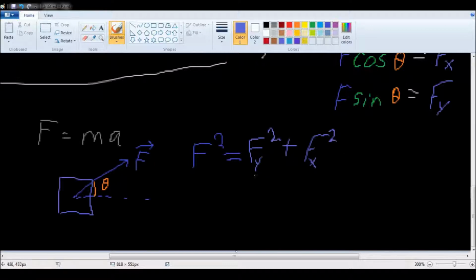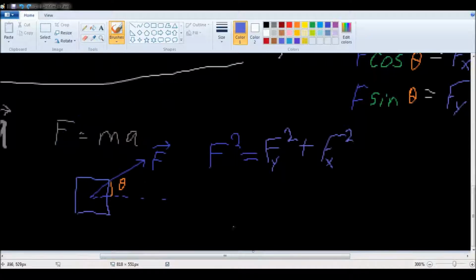So what we can see here is we can rewrite the magnitude of F as a sum of these squares.